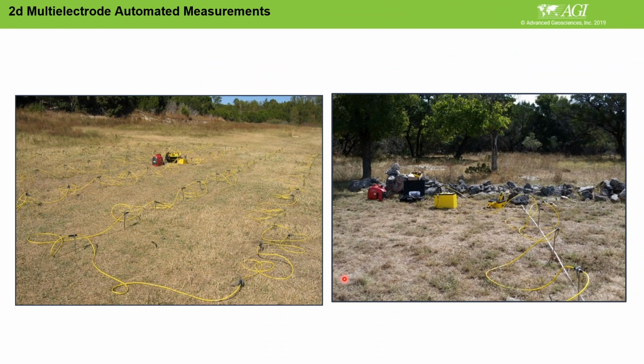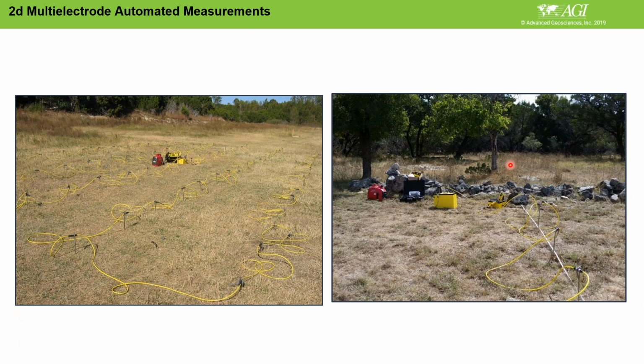When you do that automatically, here you can see a 2D layout, with multiple equally spaced electrodes. Most of our clients typically use 56 electrodes, but we have systems with 28, 48, 56, 64, 84, 96, 112, or you can put in infinitely many, I should say, since the limit may be 65,000 active electrodes.